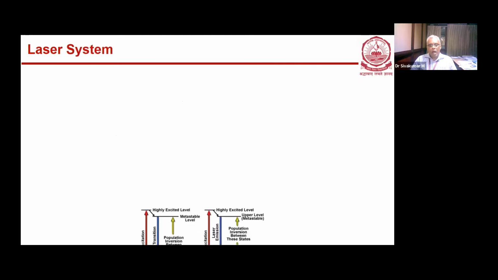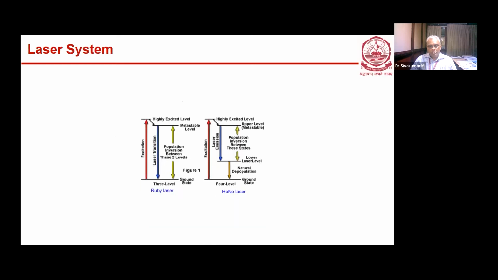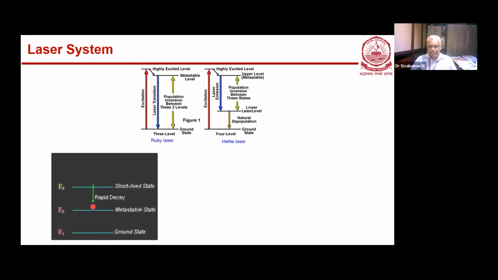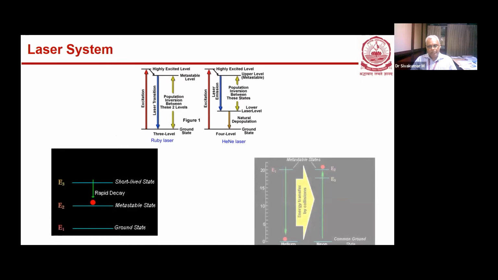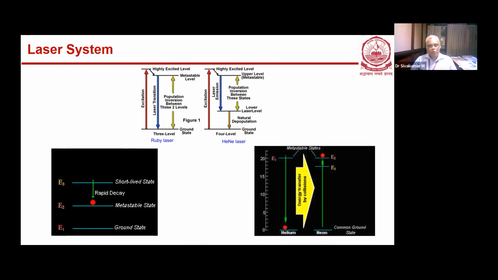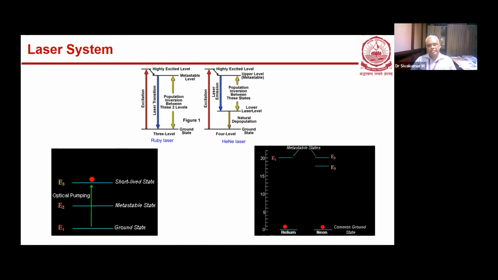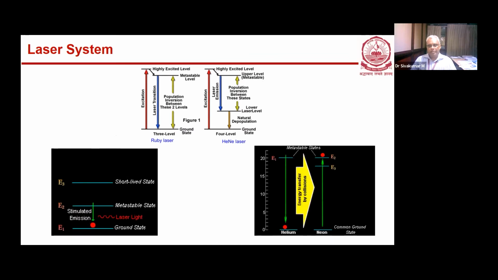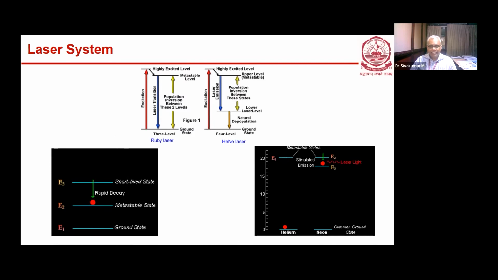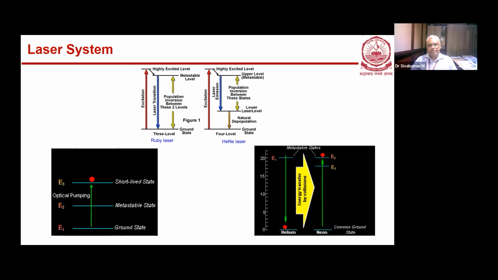Okay, this is what happened when the first laser was developed. So how does the laser system work? In order to understand the stimulated emission process, we have seen there are two levels, and we understand what absorption, spontaneous emission and stimulated emission are. But that is theoretical. Practically, once you excite the atoms to the higher level, it is a non-equilibrium condition and they will spontaneously come to the ground level.